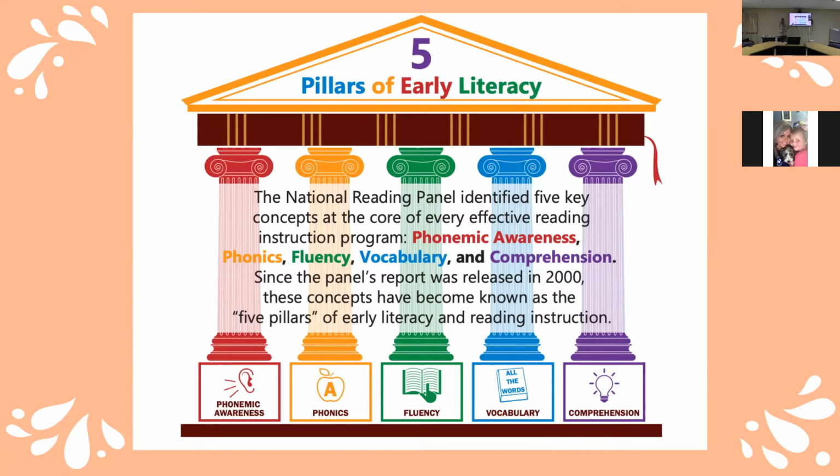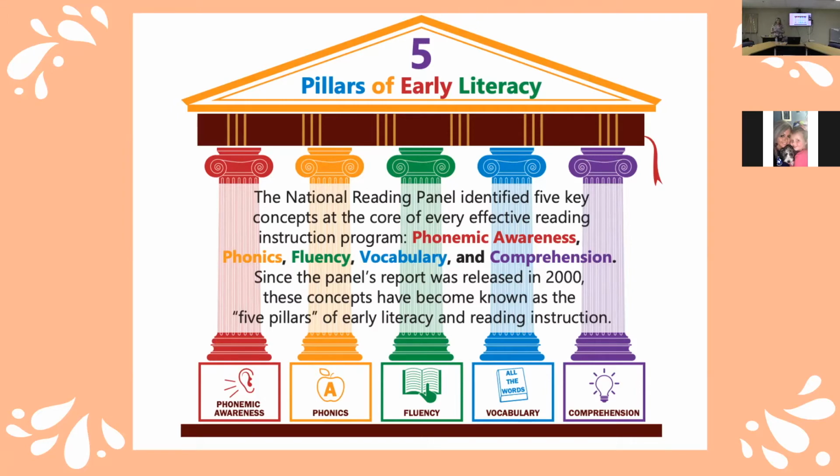I like this graphic that they use because each of the pillars is supporting the overall reading comprehension that ultimately we need. We need to be completely literate. We have to read and write it, but these are all the foundational skills that lead up to that.